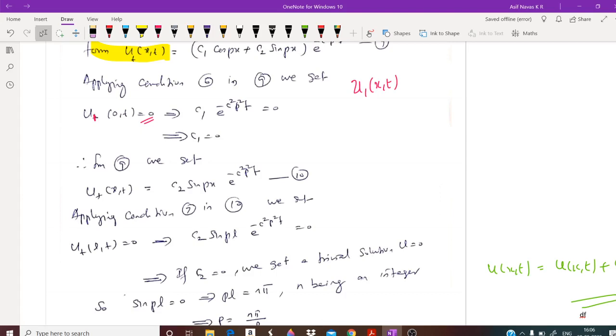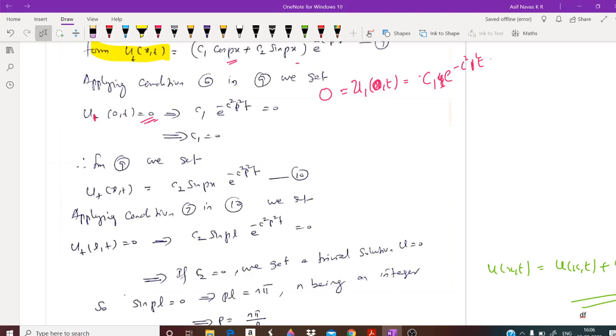If we put x equal to 0, this value is 0. So this is equal to c1 into 1 into e raised to minus c square p square t.